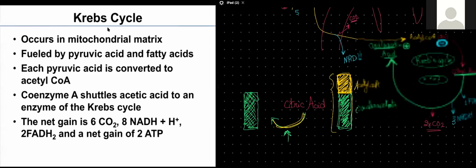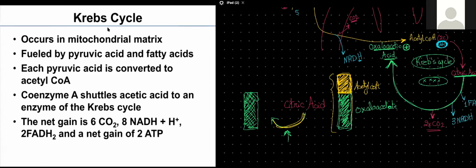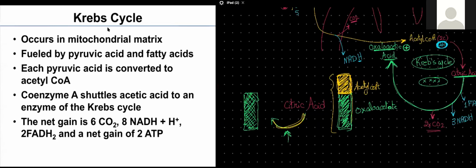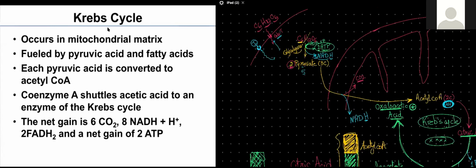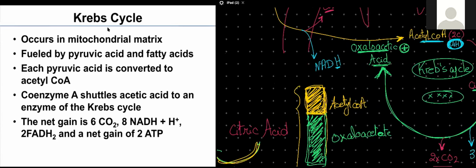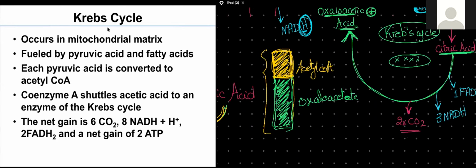So what is the total number of hydrogens that I've lost in the Krebs cycle, including the transformation of the pyruvate into acetyl-CoA? 1, 2, and 3.